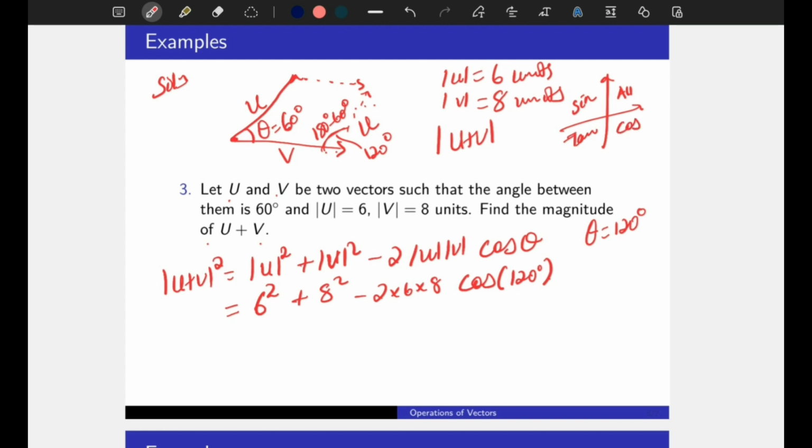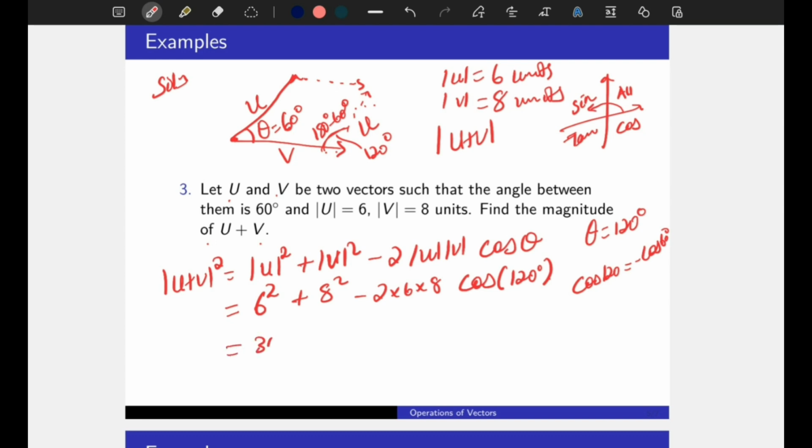They are positive. So 120 degrees lies on the second quadrant, which means cosine of 120 degrees is negative. So cosine of 120 degrees is the same as minus cosine of 60 degrees.